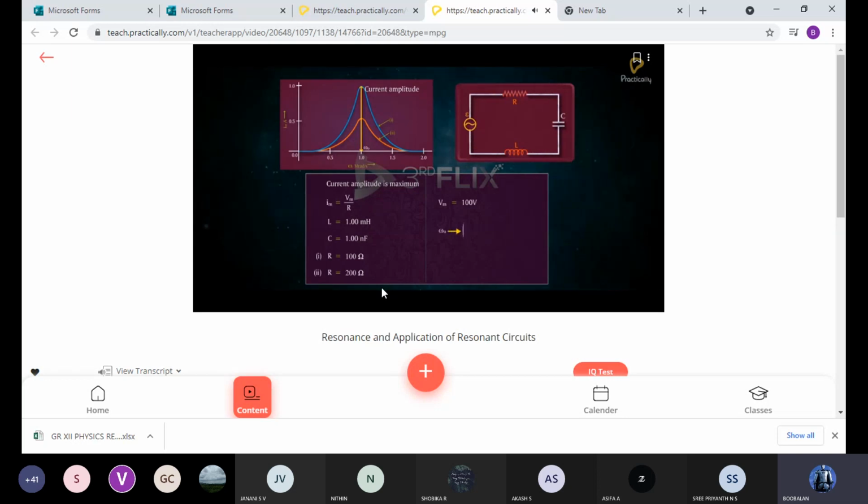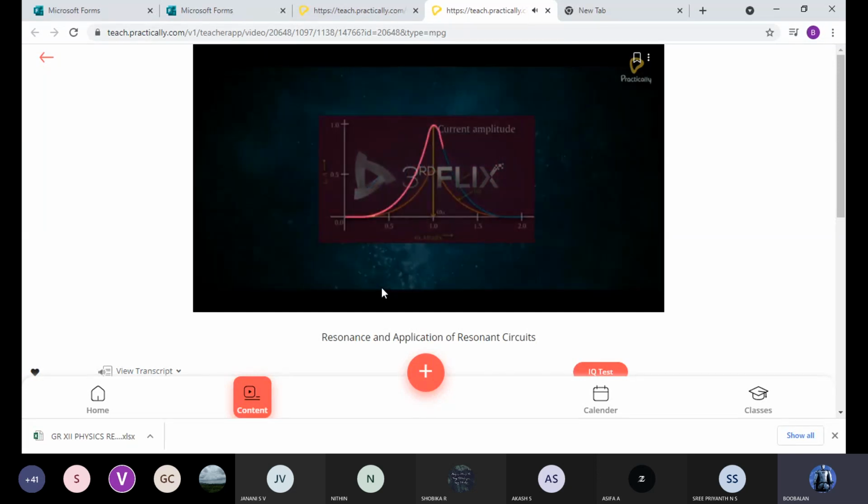Omega naught is given by 1 by root LC, which is equal to 1 into 10 to the power of 6 radians per second. At the resonant frequency, the current amplitude is maximum. Im is equal to Vm by R at resonance. Current amplitude for case 1 is twice that of case 2.